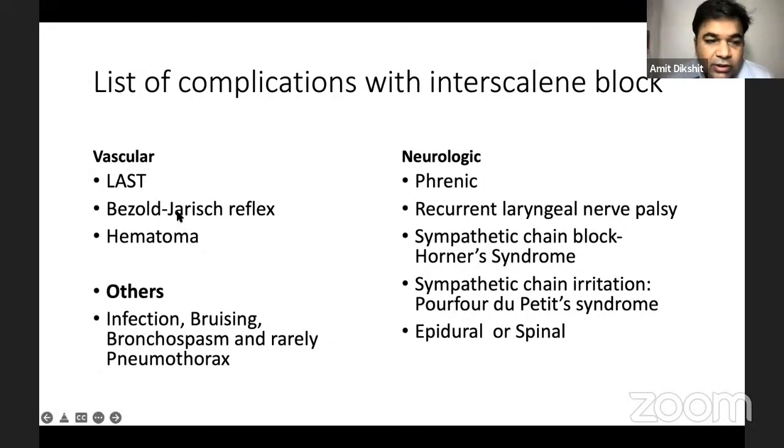It is also a highly vascular area with many vessels, usually the transverse cervical artery and the vertebral artery, and one should be very, very careful. Hematoma is known. Pneumothorax is also known if inadvertent needling is done by a novice.